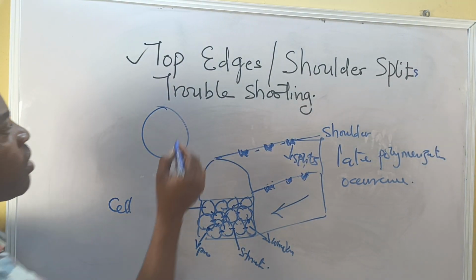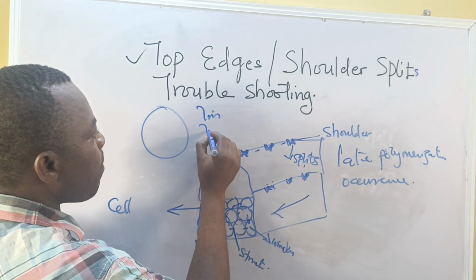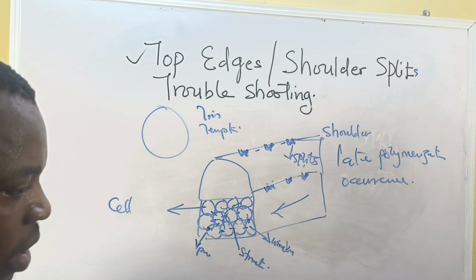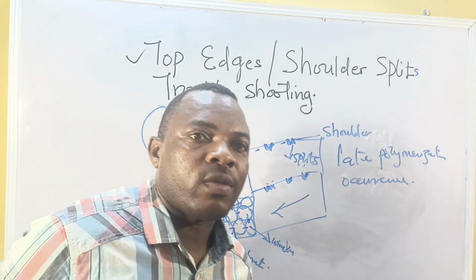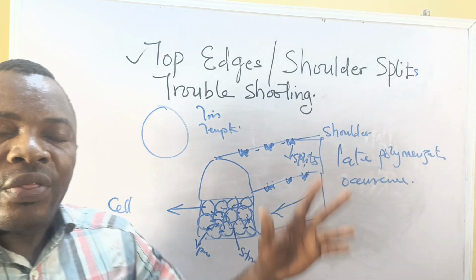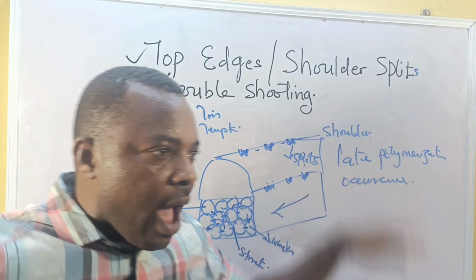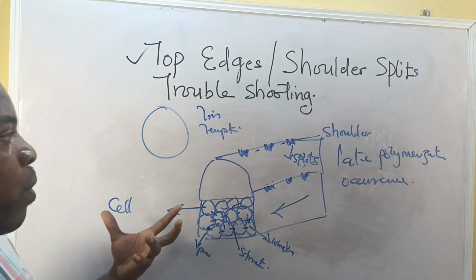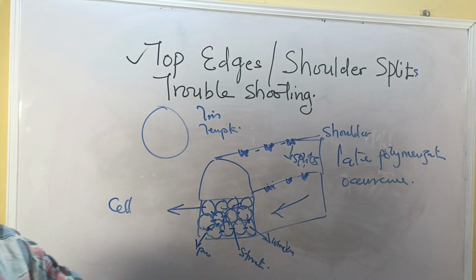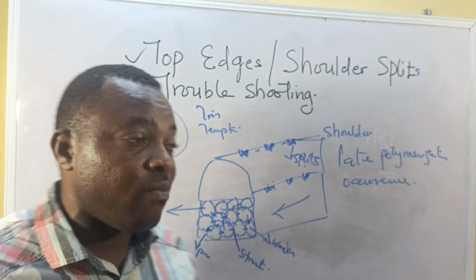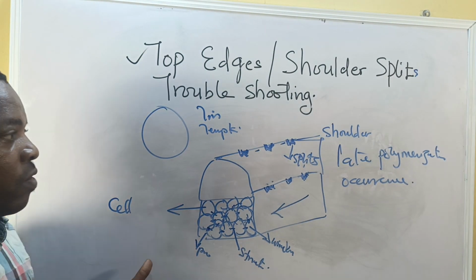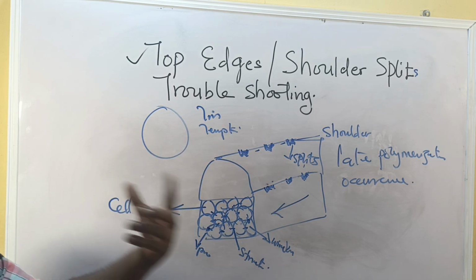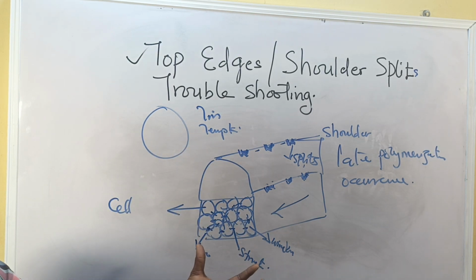Now, how can you correct it? Tin catalyst, temperature. I understand in some locations, there are some countries where the atmospheric temperature is naturally always very cold. So people operating PU foam production in that environment can preheat some of their raw material, like water, to enable the polymerization reaction to be well activated.